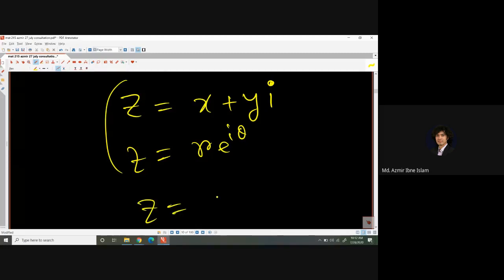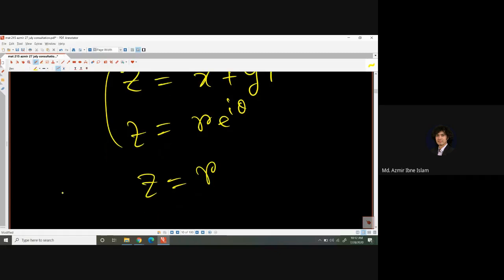But in some books, you will find this notation, r e to the power j theta, instead of r e to the power i theta. And I am mentioning, you will find this notation in your electrical engineering book.